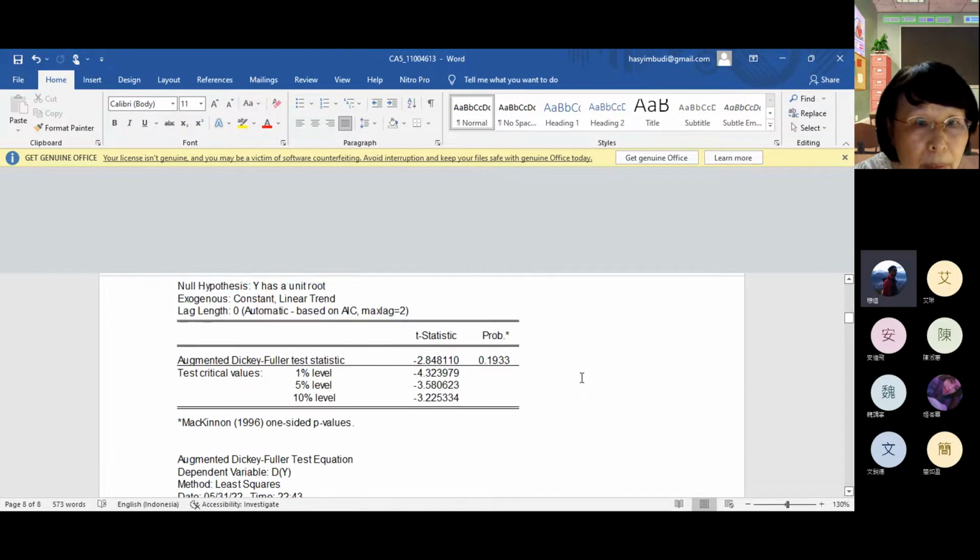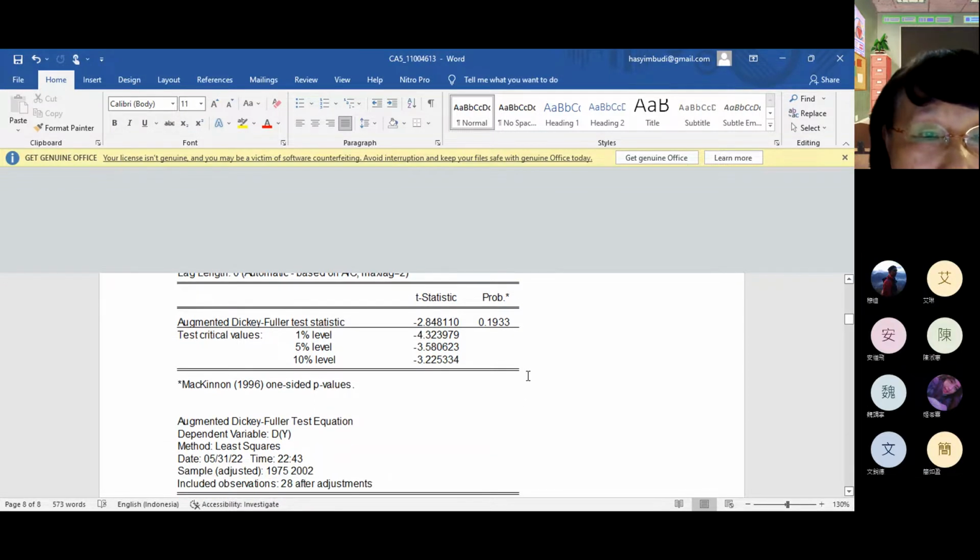I use the equation with constant and linear trend, 12.29, and the ADF statistic is less than the 5% critical value and the probability is low, so I can reject the null hypothesis.